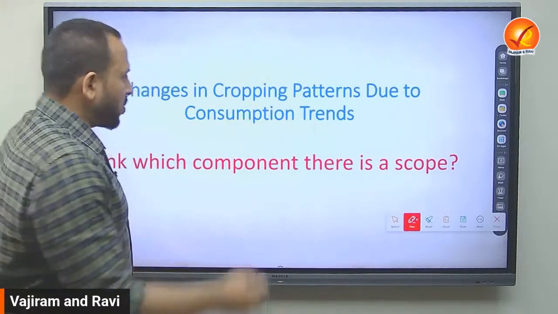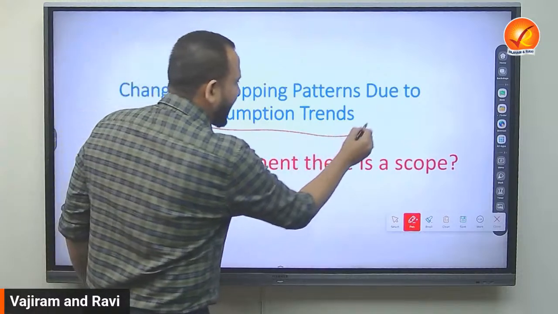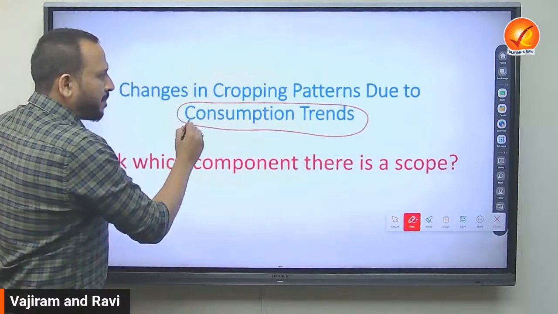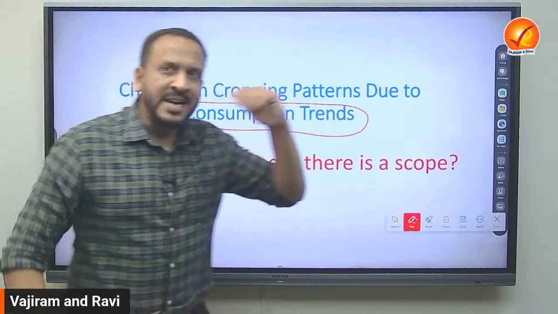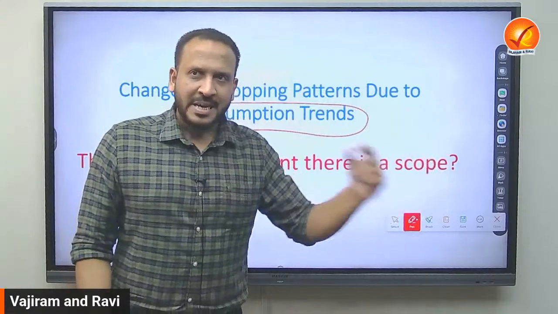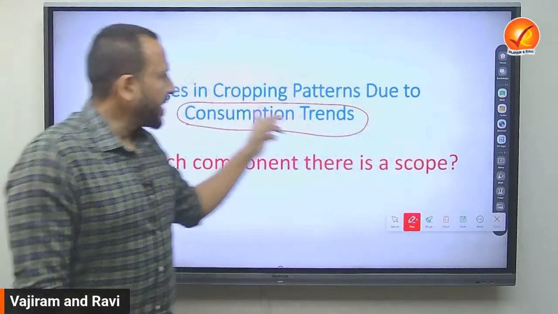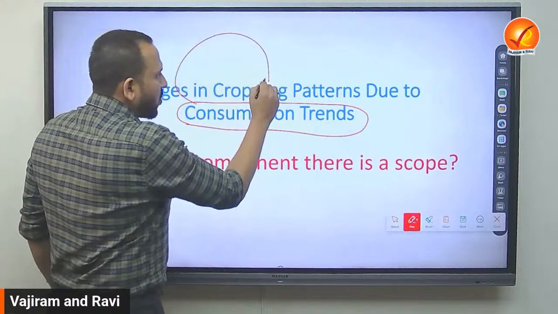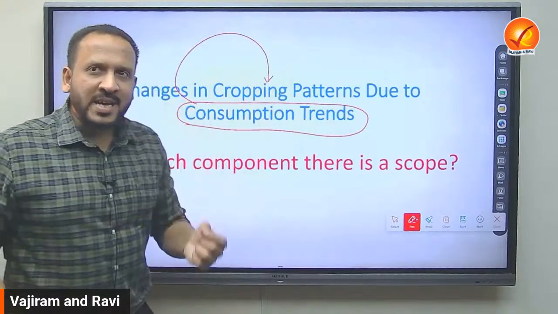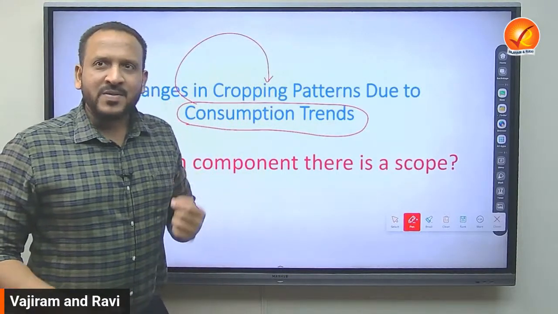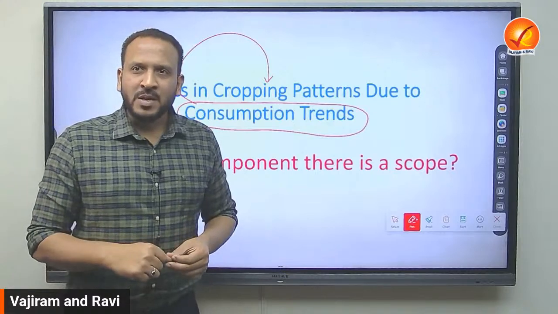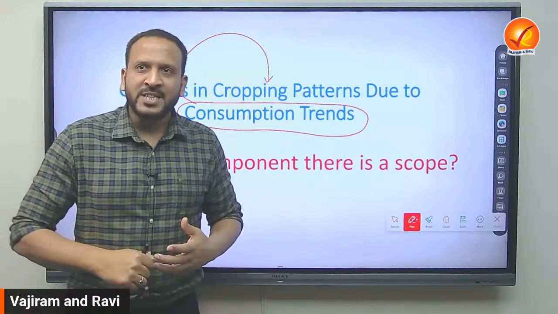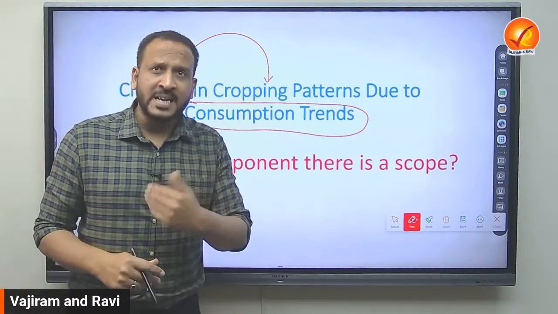The consumption trend is changing, because of which the cropping pattern is changing. So now you need to think: we will see what we consume on a daily basis and how that changes the pattern in crops. Yes, that is one point.